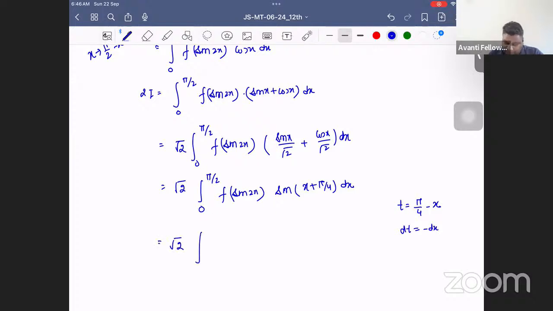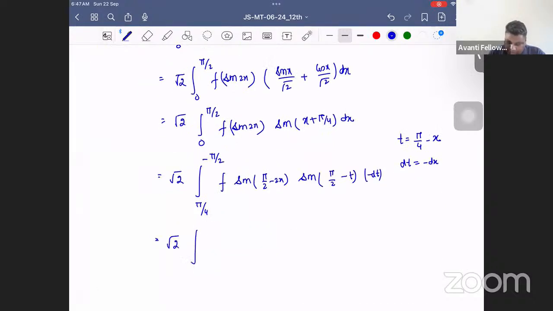Now while x is 0, t will be pi by 4. While x is pi by 2, t is minus pi by 4. This will become f of sine of pi by 2 minus 2t, and this will become sine pi by 2, x you are replacing by pi by 2 minus t, dx will be minus dt.